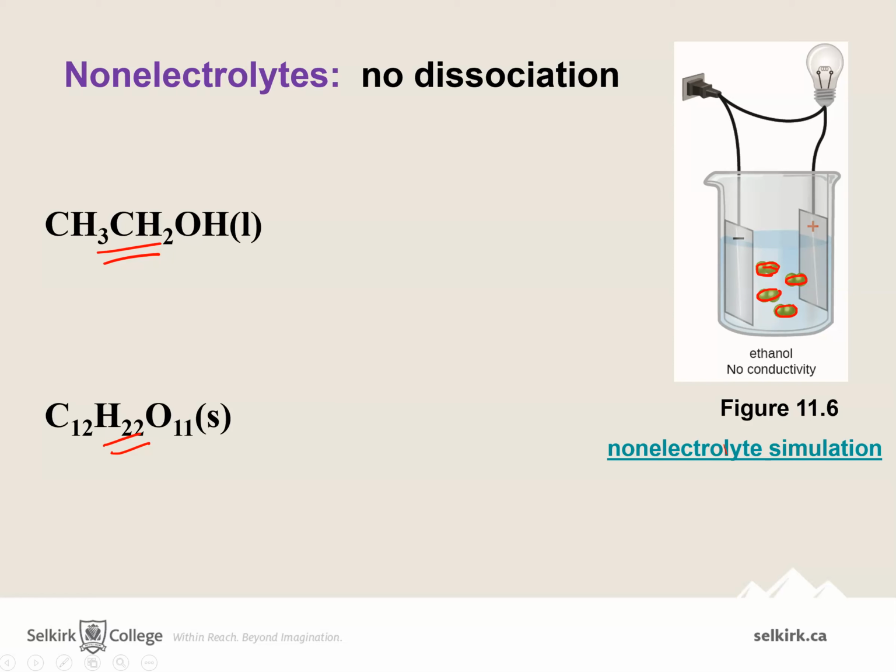Think back to the previous video when we saw what happened when we dissolve things in water. Whatever particles were already present swim free in solution. If I have an ionic compound, ions swim free. If I have a polar covalent compound made up of molecules, molecules swim free.